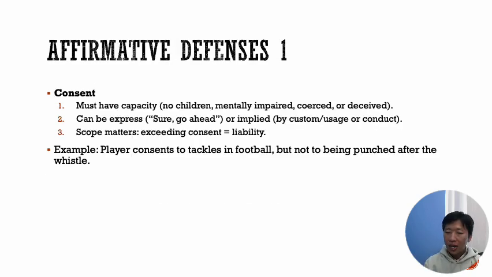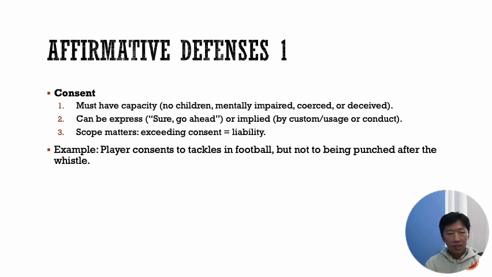Okay, so now we have covered the 7 intentional torts. So they are battery, assault, false imprisonment, trespass to land, trespass to chattel, conversion, and IIED. So now we're going to flip to the other side to talk about the defenses, affirmative defenses.